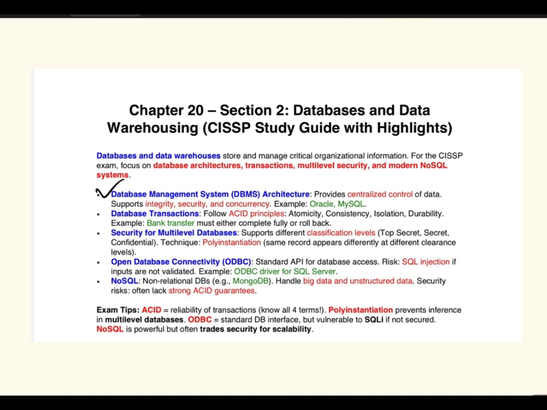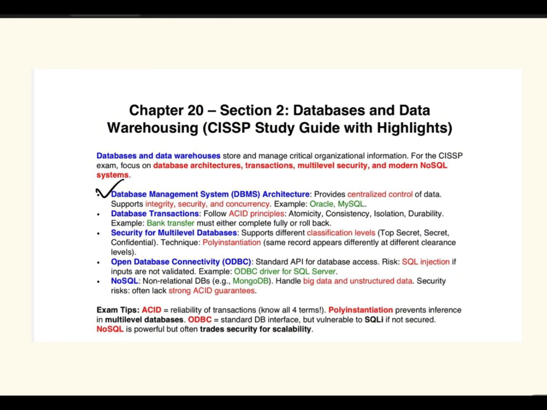So DBMS ensures data integrity and access control within an organization. It provides centralized control of data for multiple users, and it also ensures integrity and security for multiple users accessing at the same time.